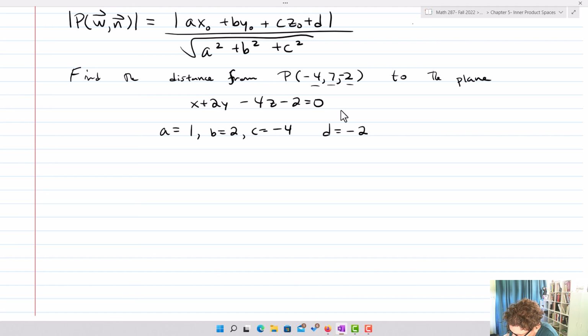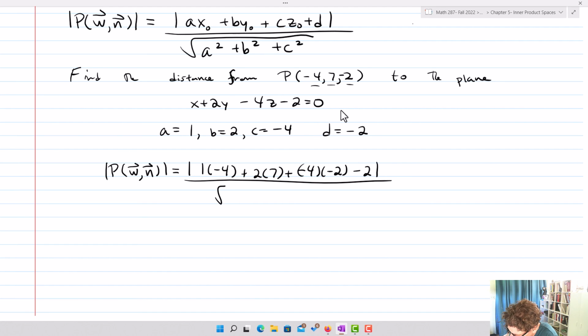So my distance, the magnitude of that orthogonal projection, is going to equal the absolute value of 1 times -4 plus 2 times 7 plus -4 times -2 minus 2, all over the square root of 1 squared plus 2 squared plus -4 squared.